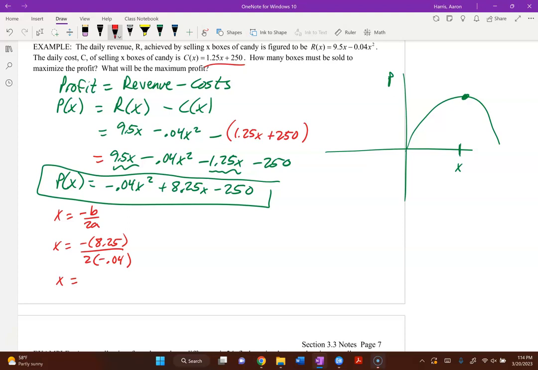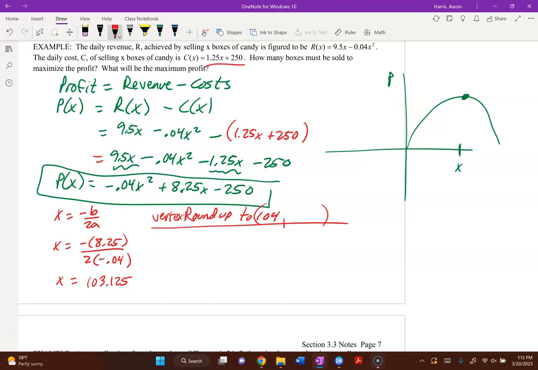And that ends up being 103.125. And we'll just go ahead and round that. Let's round. So we'll round that up to 104 for our vertex. So we have a whole number on that.